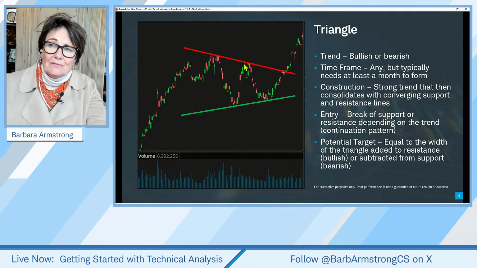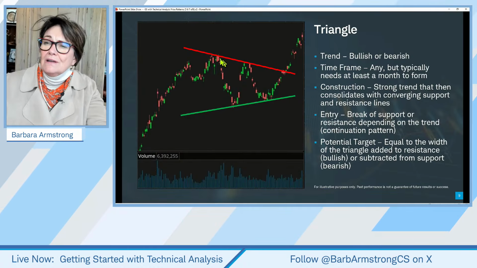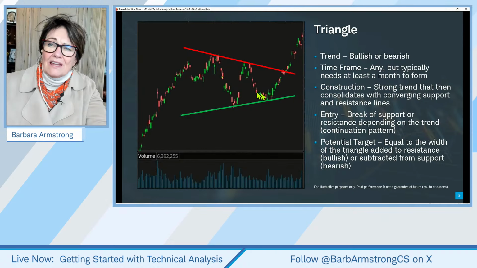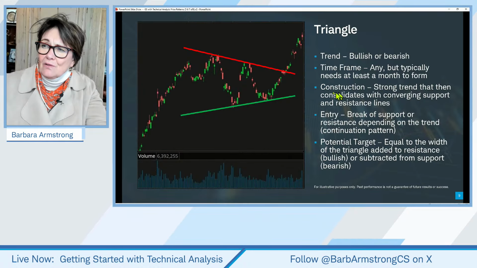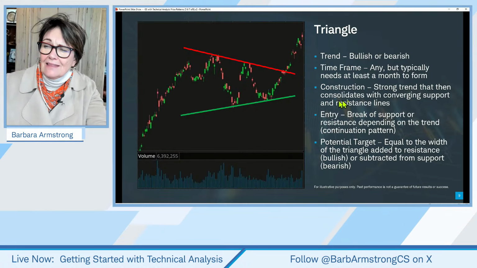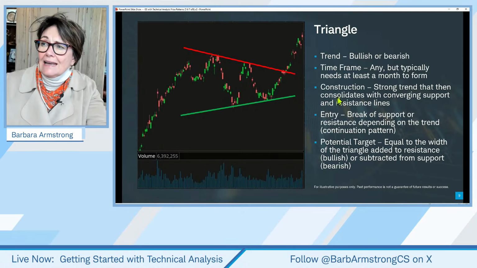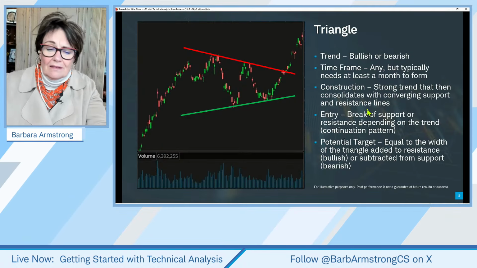And then we rack up a lower high, and then a higher low and another lower high. So this is forming a coiling or a consolidation pattern. The way they describe it here, it's a strong trend that consolidates with converging support and resistance lines.